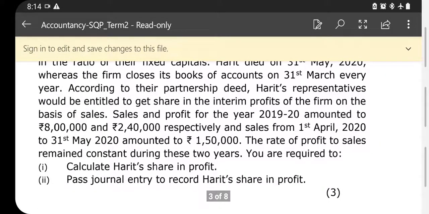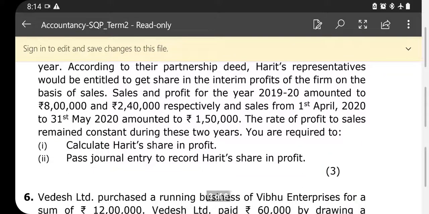According to the partnership deed, Harit's representatives would be entitled to a share in the interim profits of the firm on the basis of sales. Sales and profit for the year 2019-20 amounted to 8 lakhs and 2,40,000 respectively, and sales from 1st April 2020 to 31st May 2020 amounted to rupees 1,50,000.